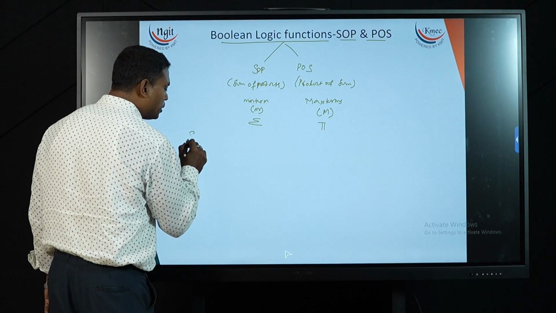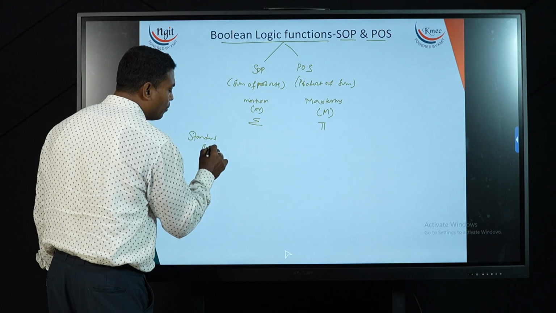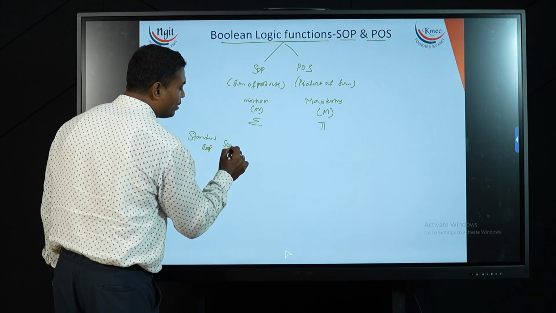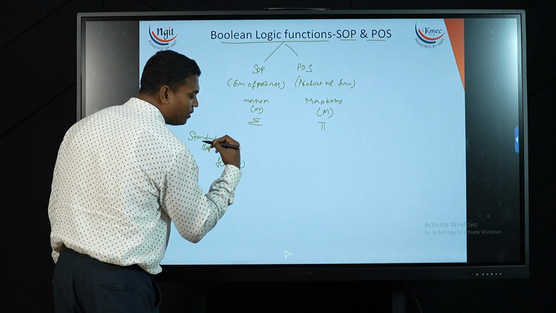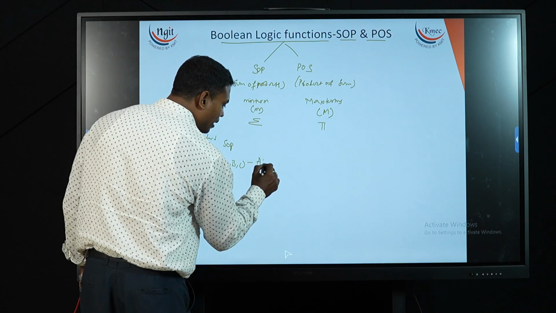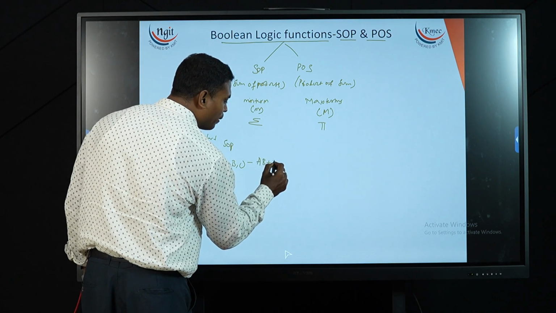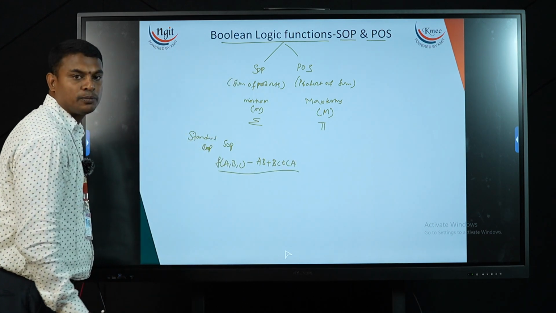Now, a standard expression for SOP is, for example, if I have a function f of a, b, c, then this can be represented as ab plus bc plus ca. This I call a standard SOP expression.